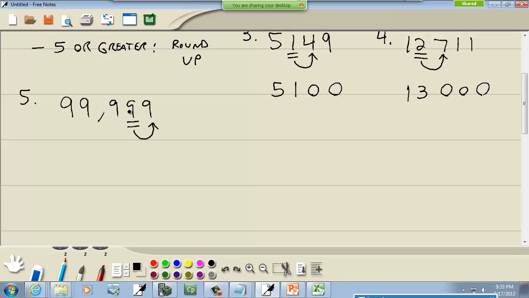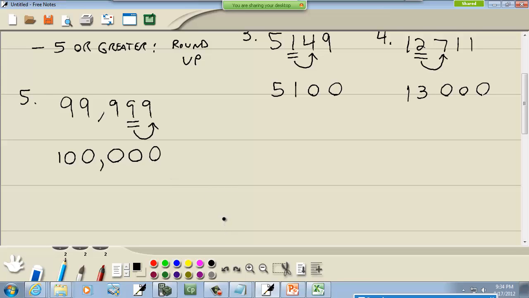Now, round up means we add 1 to this. Well, when we add 1 to 9, that becomes 10. So we put a 0 here, and you carry the 1. Well, 1 plus 9 gives us 10 there. Put a 0, carry the 1. 1 plus 9 is 10. Carry the 1. And then that gives us this. And then this digit to the right becomes 0.